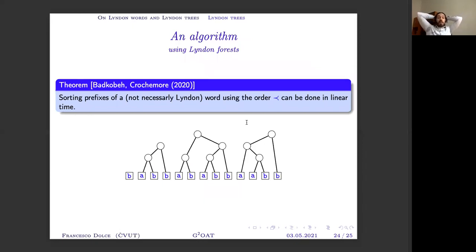You can actually generalize this construction using not only trees but forests, so not only using Lyndon words, but every possible finite word, because you know that every finite word can be written as a concatenation of Lyndon factors. And using the algorithm we described before, we can construct the associated Lyndon forest, and we can sort the prefixes, and most importantly, we can do that in linear time.